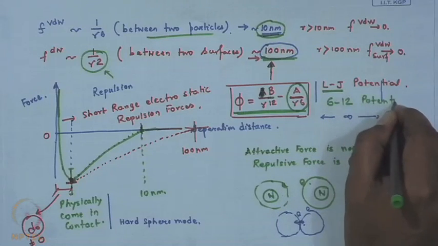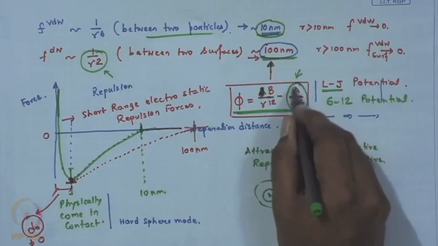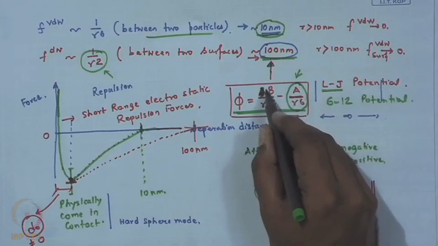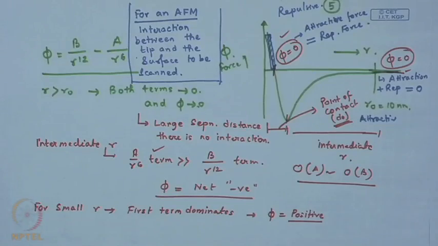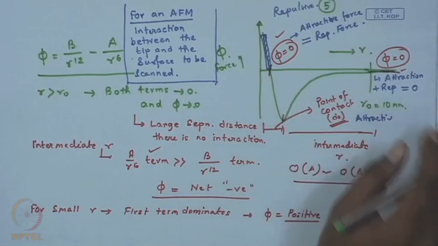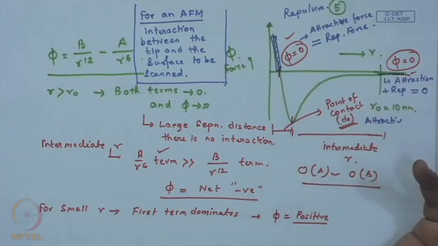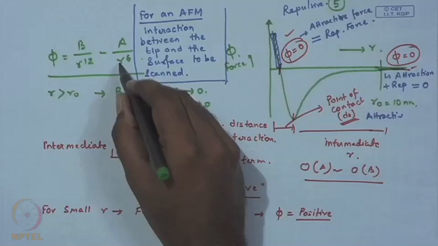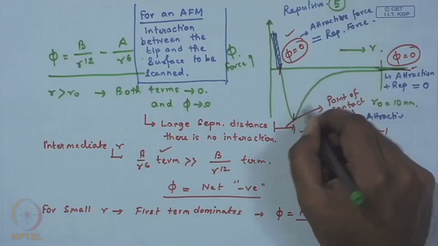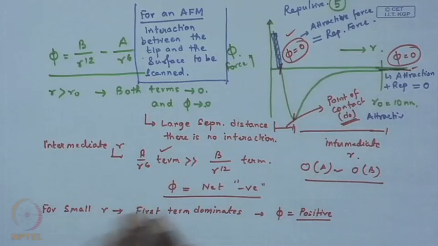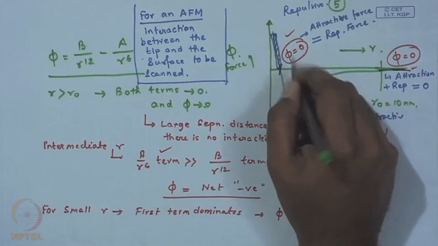This term represents the attraction, this term represents the repulsion, and depending on the value of r there can be 3 distinct regimes. For very large r, both terms are 0 and there is no interaction. For intermediate r, the second term might dominate over the first and we will have an overall attraction. For very small r, the first term again dominates over the second, and we can have an effective repulsion.